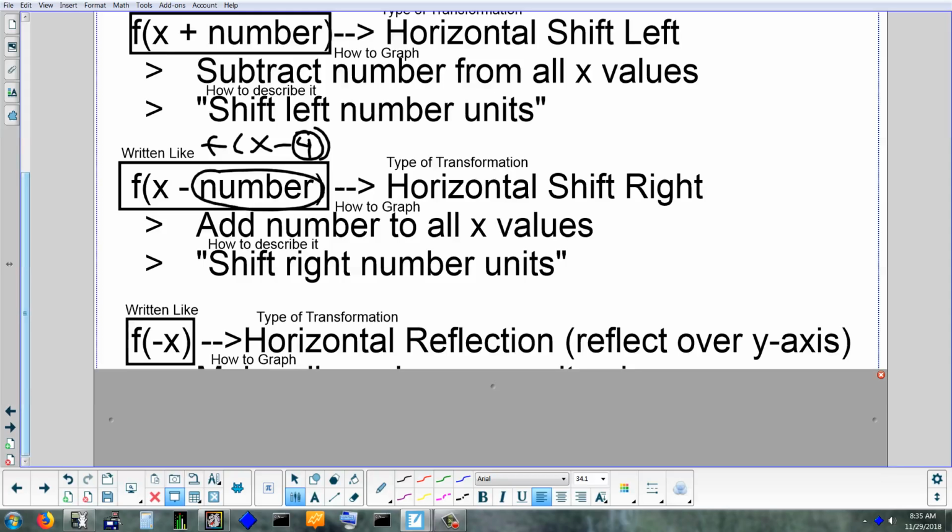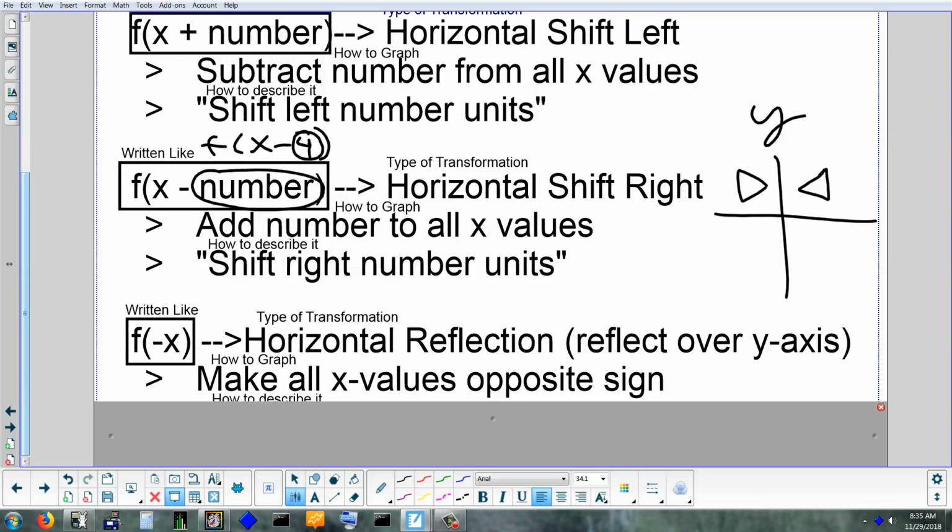So a horizontal, if I wanted to draw it, just drawing it with triangles because that's easy for me to do in my head. That's a horizontal reflection. It flipped right over your y-axis.